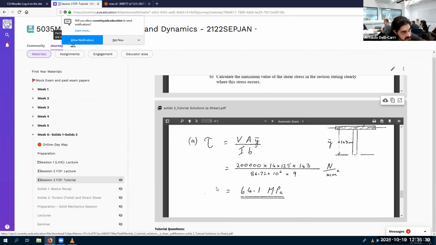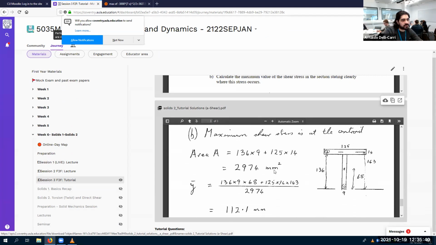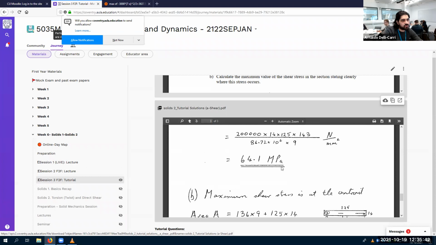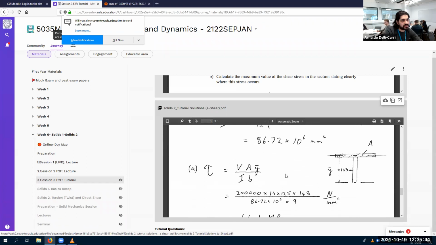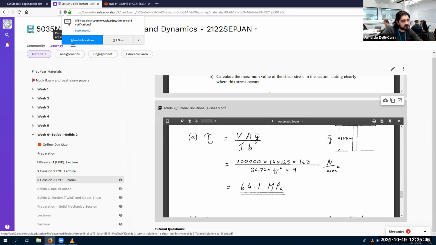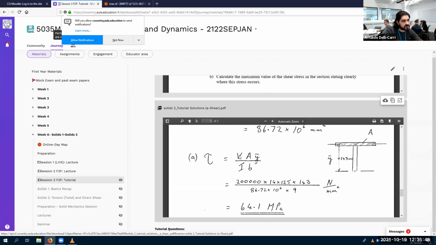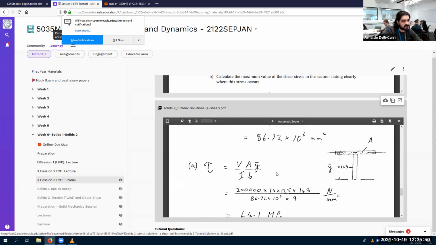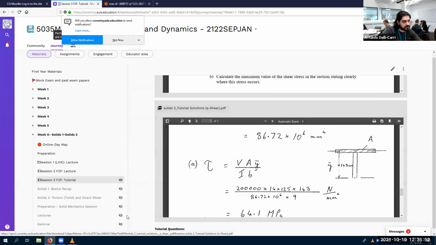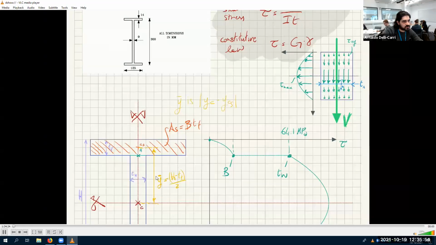This is using TW, so this is TW, 64.1 megapascal. And using the other one, it doesn't say. You can find out. Apparently, it just finds the largest one on the shear. So it finds this one.